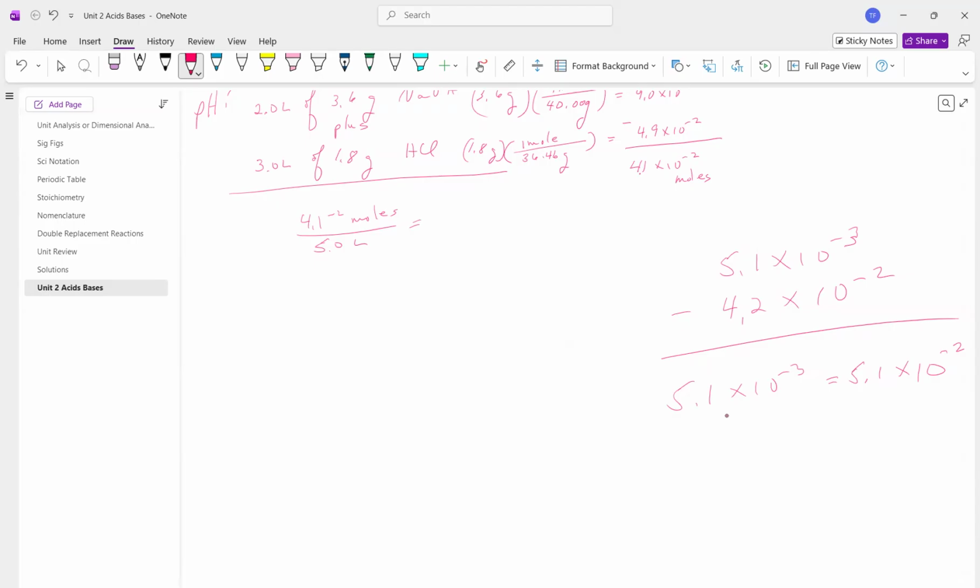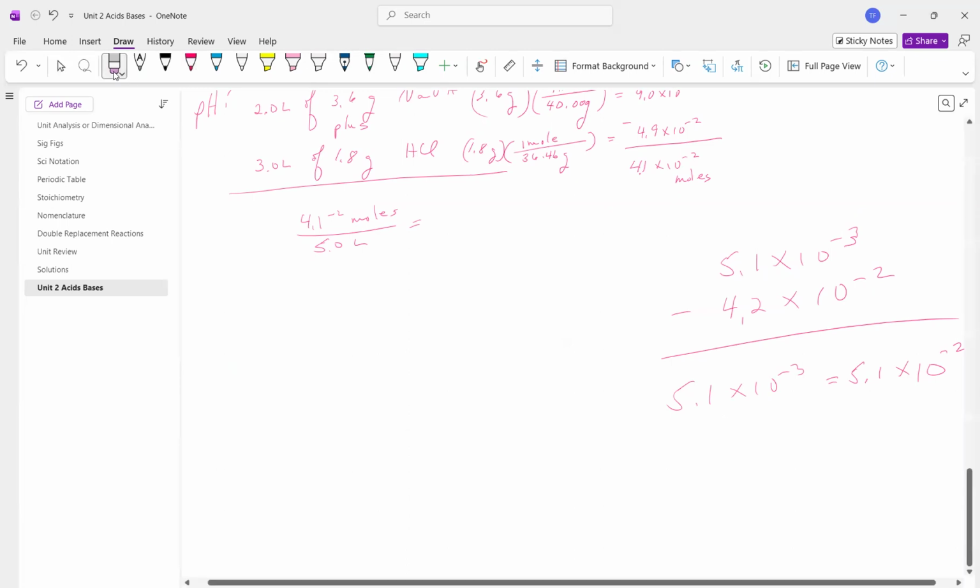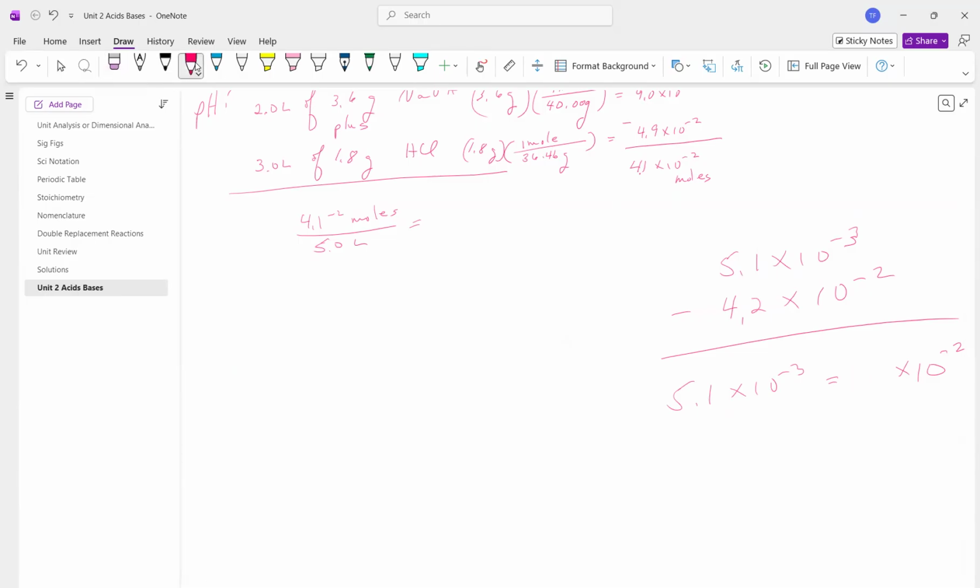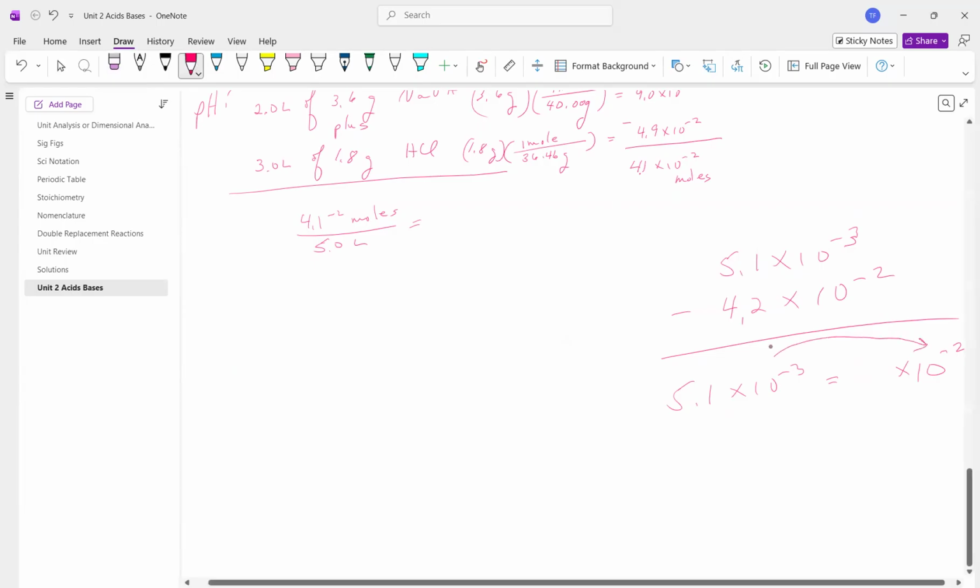So the -3 number is getting bigger, right? So we go from -3 to -2. That number is getting bigger. So that means the other number has to get smaller by the same amount. It's getting bigger by 10. So the other one's got to get smaller by 10. 0.51.